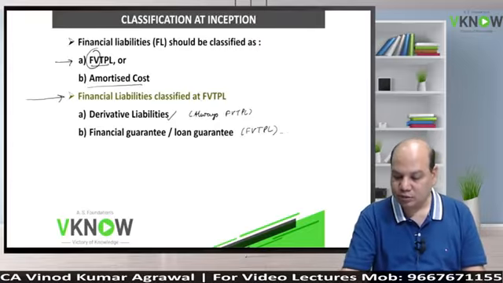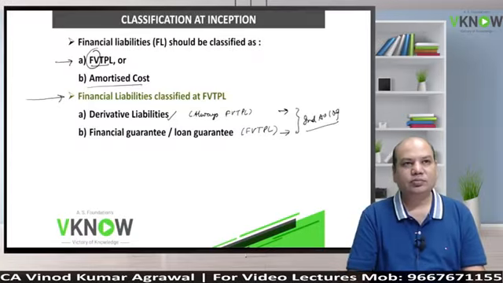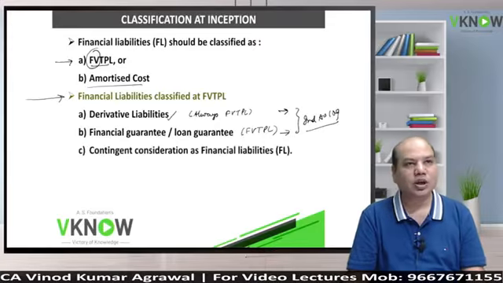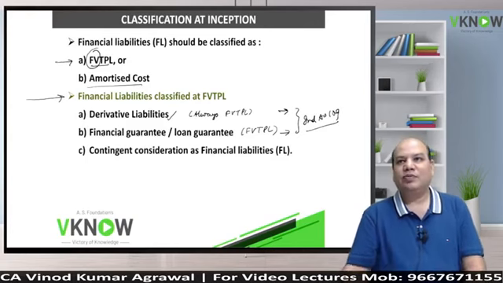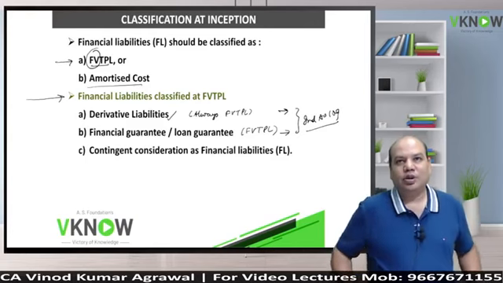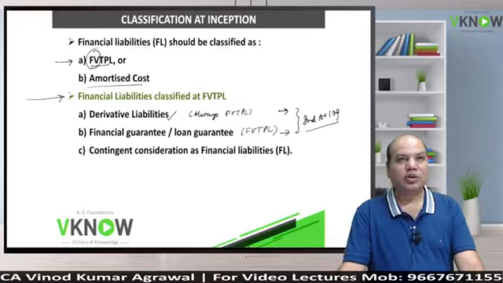I will take a question on this in our next chapter, Ind AS 109. We have a question on that, not in this. Here the focus is not accounting. In this chapter the focus is presentation, whether it is a financial liability or equity. Of course we'll do some accounting also.